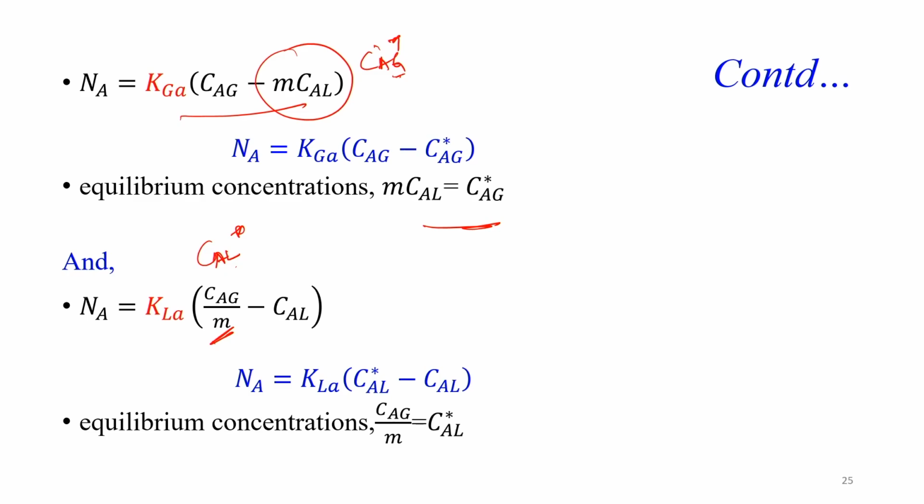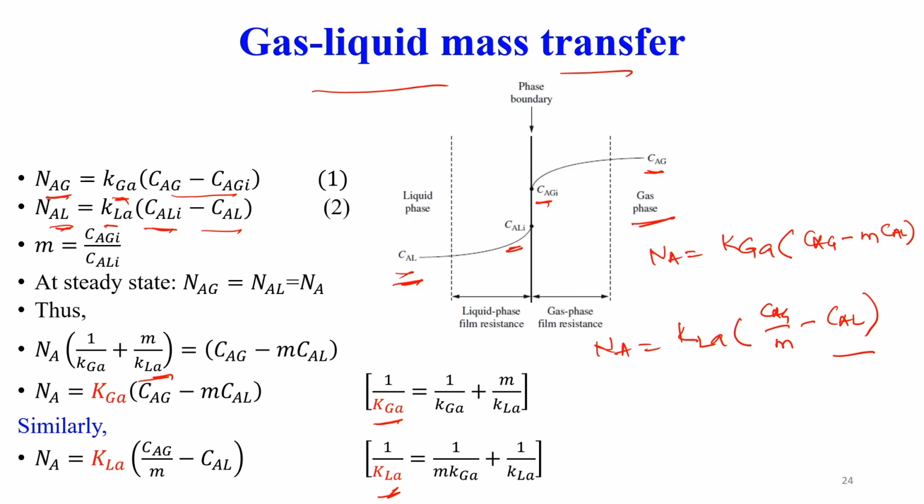Now, one more important thing: look at the expression 1 upon capital KLA equals 1 upon m into small k, the gas phase mass transfer coefficient, plus 1 upon small kLA. As we have seen, the mass transfer in the gas phase is much higher, so this term can be neglected.